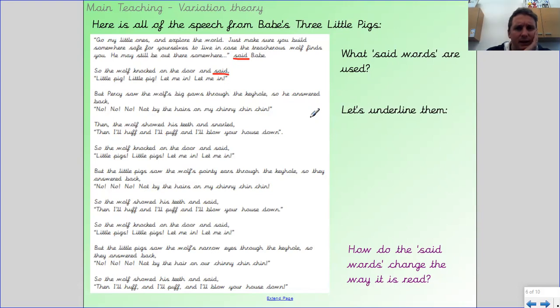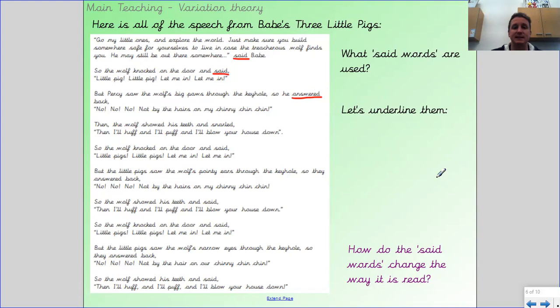Ooh, now, the word said isn't there. Is there another word that means the same? Let's just have a look at that again. But Percy saw the wolf's big paws through the keyhole, so he answered back. Answered is a different word for the word said, okay?